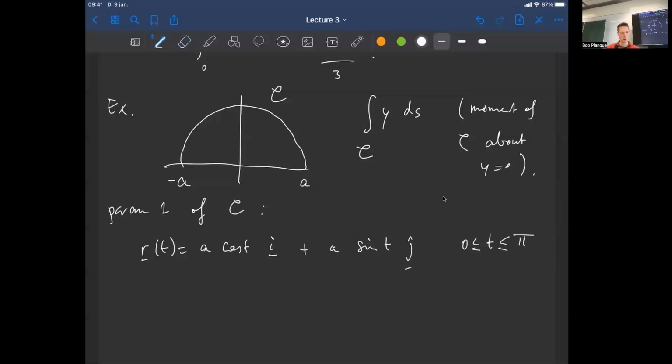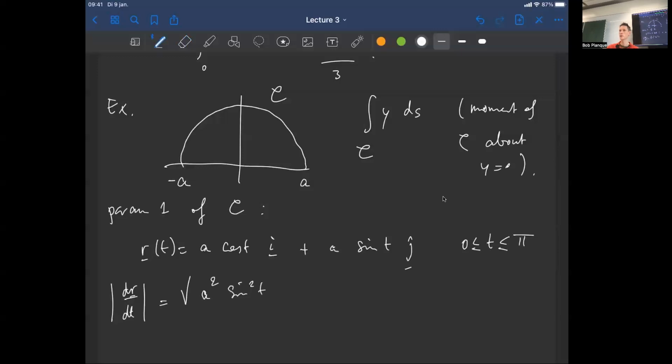Right? Well, then I have to compute the speed of this curve, dr/dt. So that's the square root of a squared times dx/dt, so that is minus sine of t squared times a squared, so that is a squared sine squared of t.